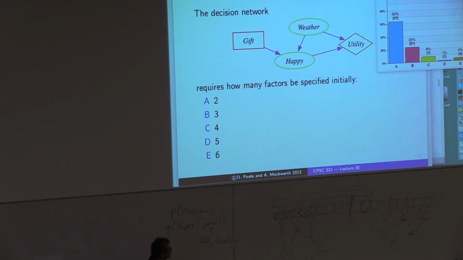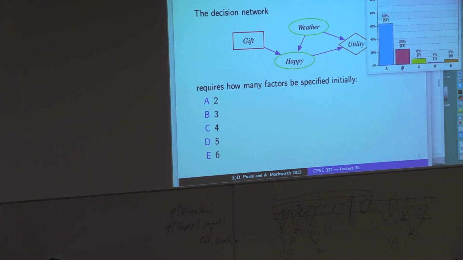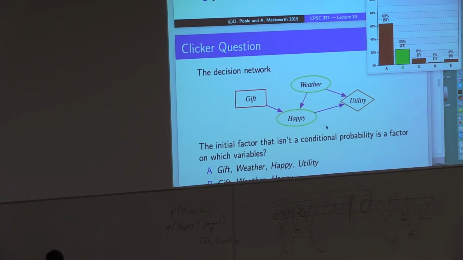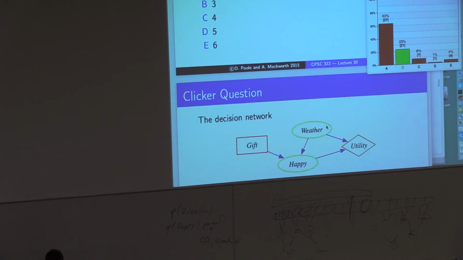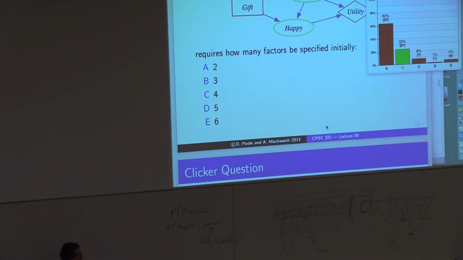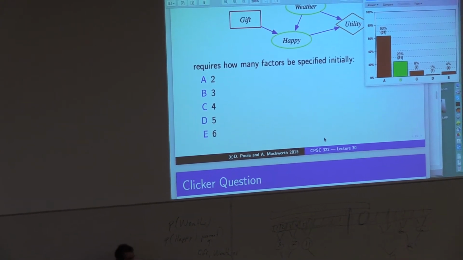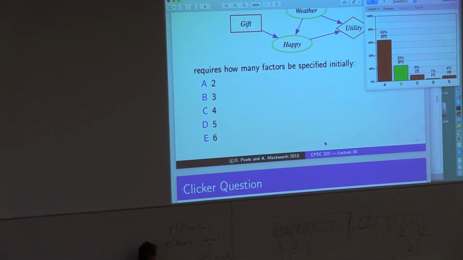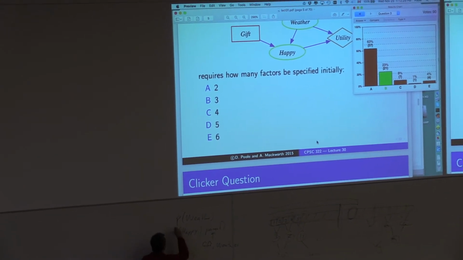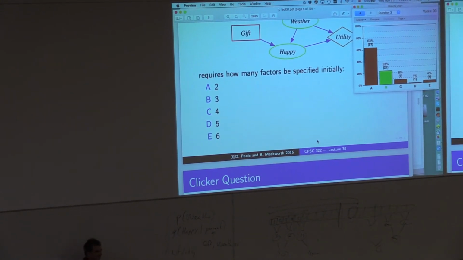The answer is 3. Because there's a factor for these two things, and there's the utility. There are 3. There's a factor for each conditional probability table, and there's a factor for the utility.